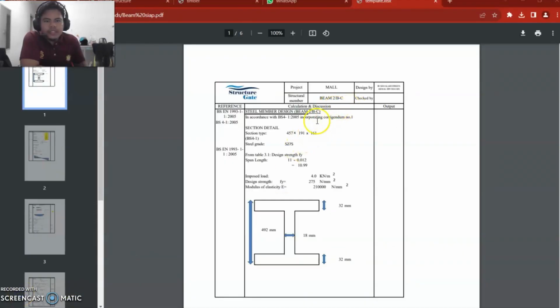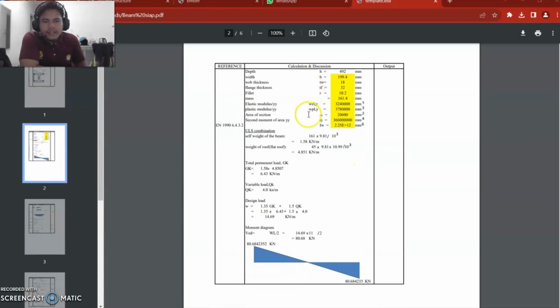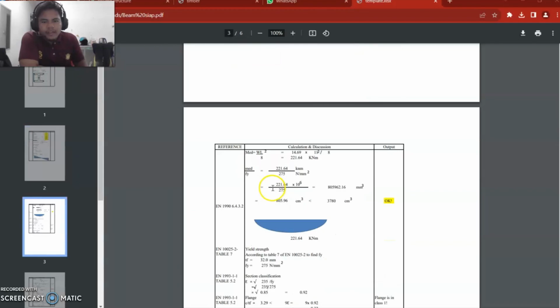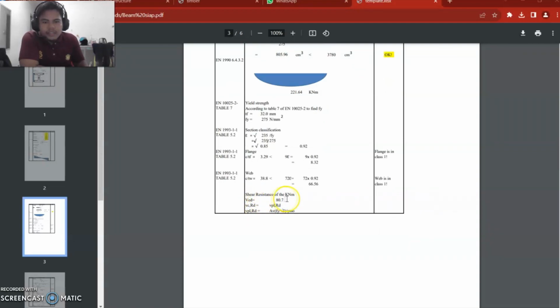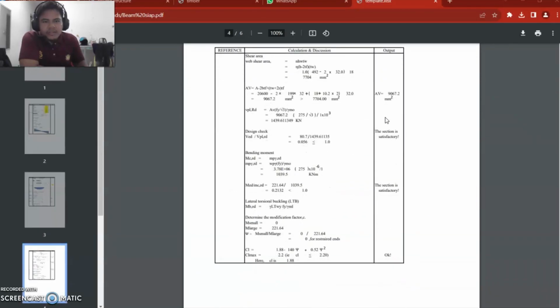For beam 2BC, the section detail is this, and width gauge of this, then the length of the design, the detail of beam, then the calculate of permanent load, variable load and design load for bending moment diagram, and then yet strength, which is flank and web, then shear resistance to get the class of flank and web, then calculate the AV.